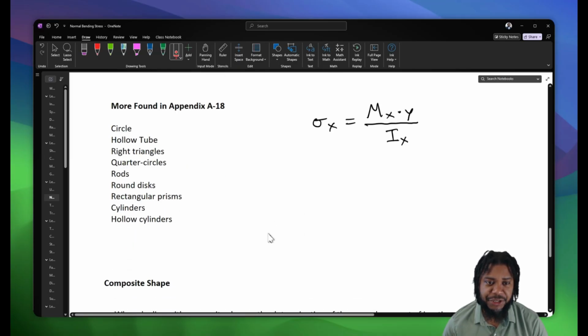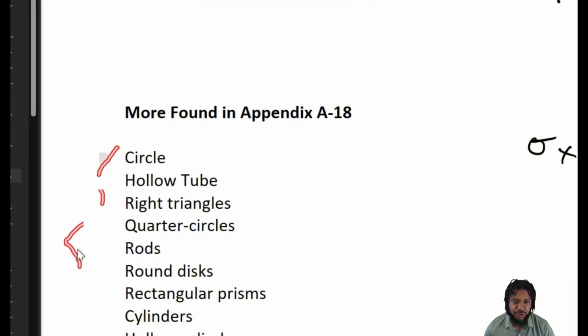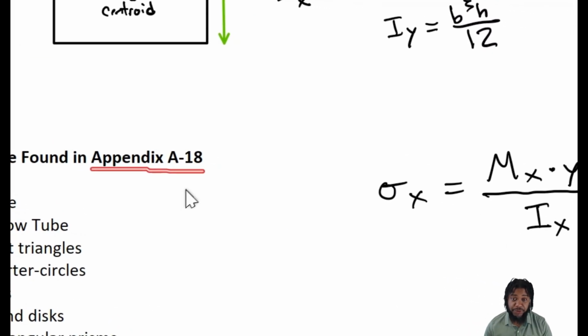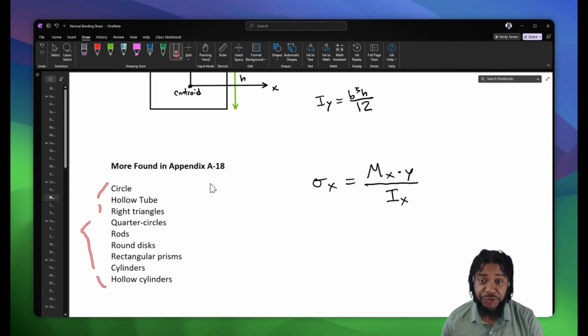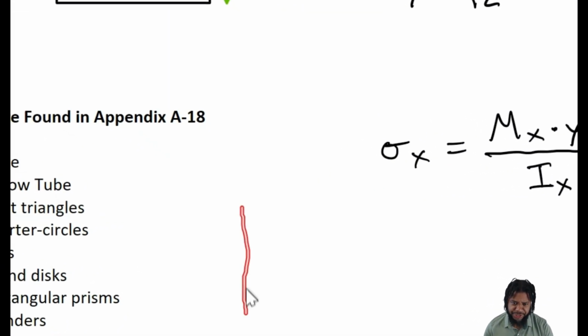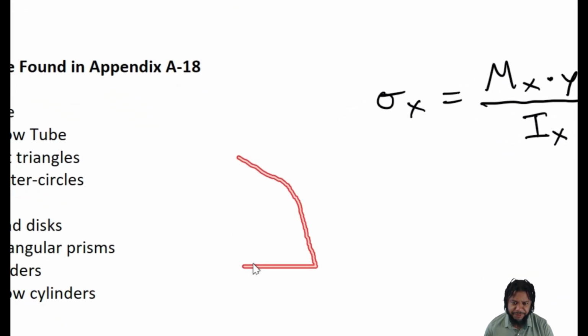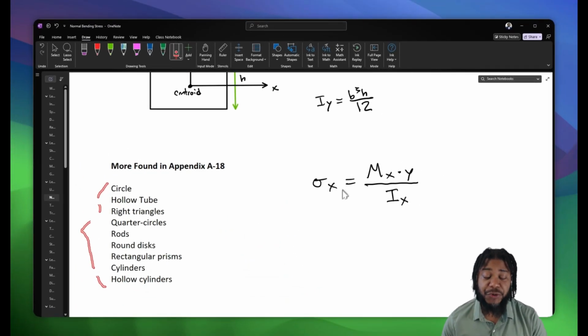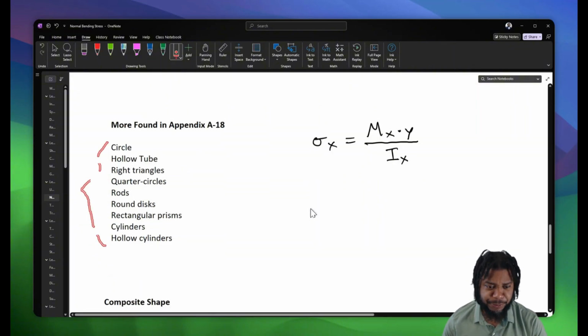For many common geometries, circles, tubes, triangles, and such, we can go to the appendix of our book and find the exact solution to that moment of inertia. But for complex shapes, like some kind of crazy fin-looking structure, we're going to actually have to solve the integral, right? And we'll look at some examples of that in class.